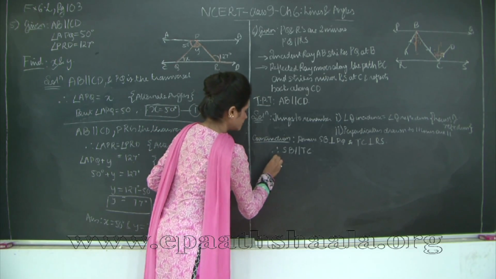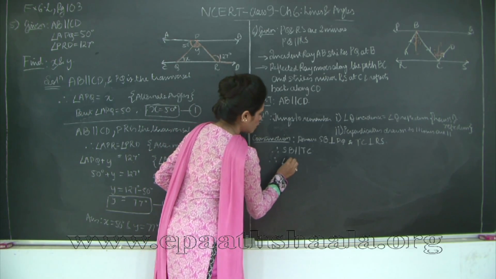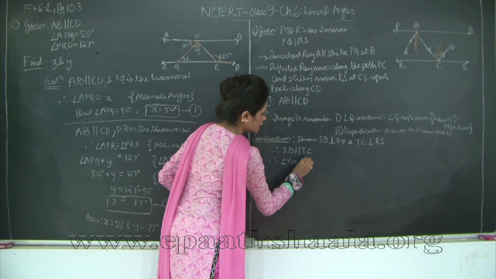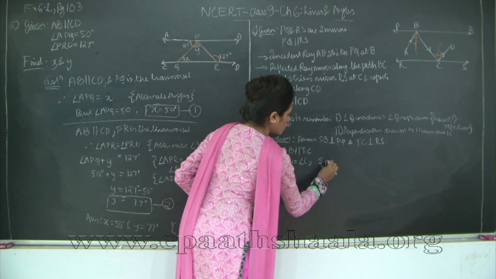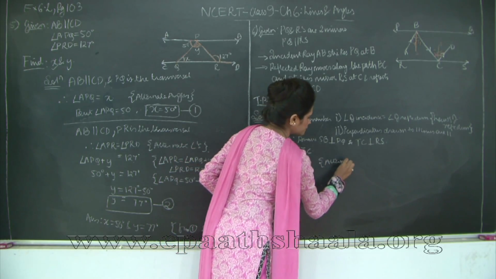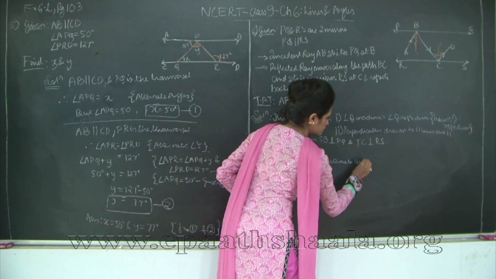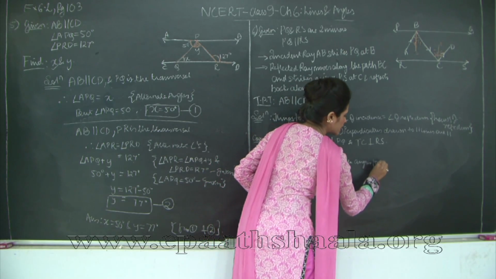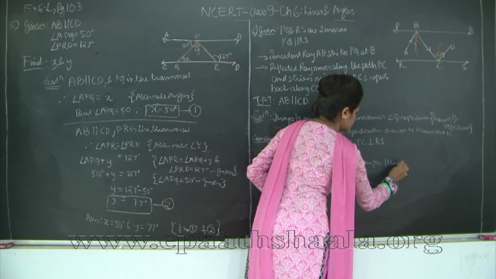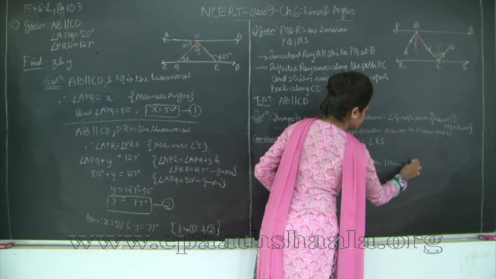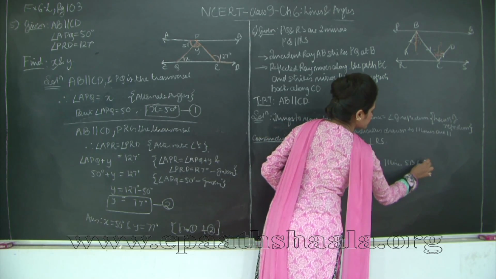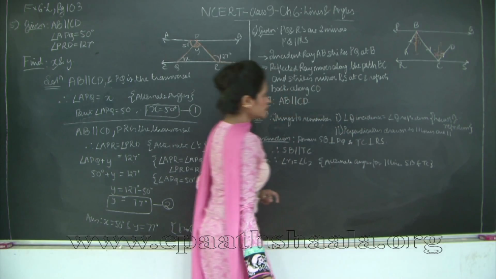So, therefore, angle R1 is equal to angle I2, because alternate angles for parallel lines SB and TC. Correct?